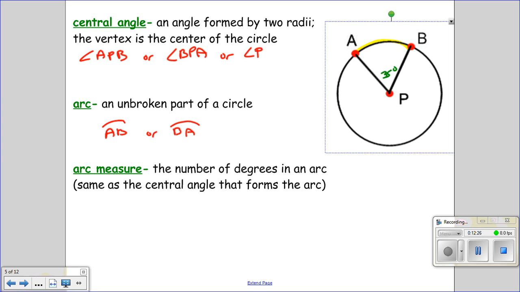Since the measure of angle APB is equal to 35 degrees, that means the measure of arc AB is also going to equal 35 degrees. Again, the central angle and the arc measure are equal.